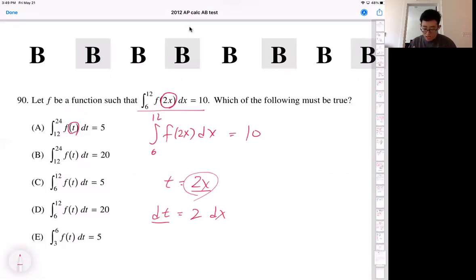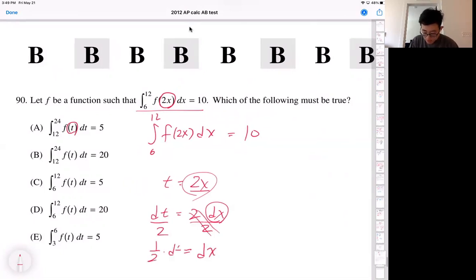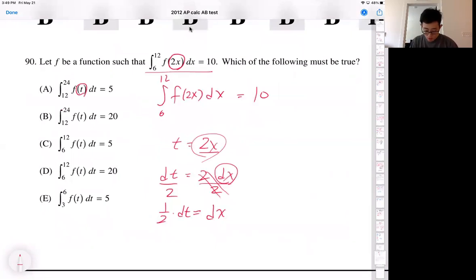So now with that in mind, how would I be able to replace dx then? Well, I have to divide both sides by 2 and get rid of the 2 there. So I get dx is equal to 1/2 times dt actually. So I use this to plug in for dx here.